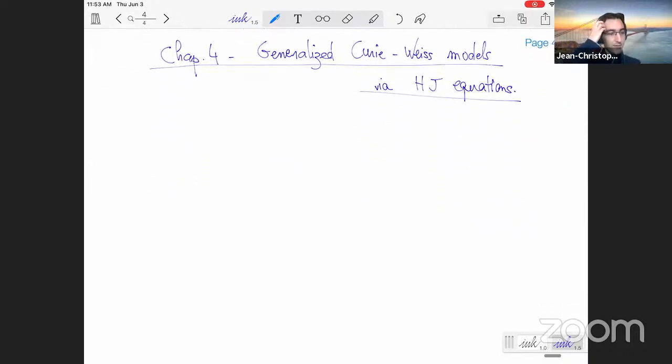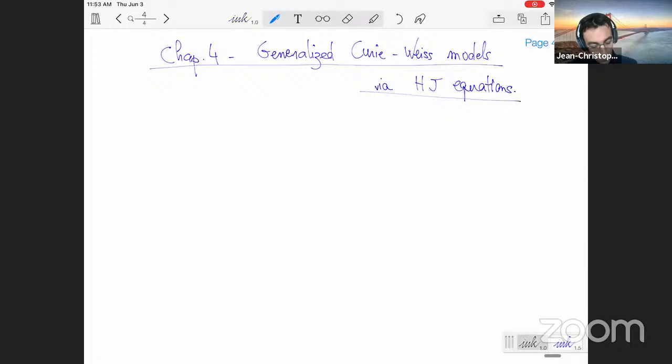All right. So let me recall the framework. I want to identify the limit for energy of these generalized Curie-Weiss models using this Hamilton-Jacobi equation approach. And as we'll see, things look nice when we are not too careful, but then a difficulty emerges.